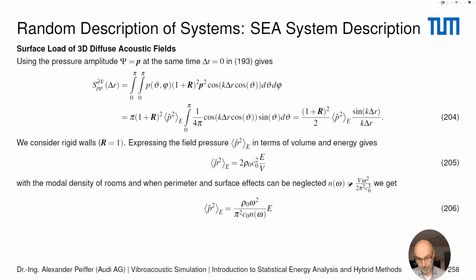And all the other parameters, like the surface and so on, in this modal density expression are there to consider the modification to a not that perfect diffuse sound field. So that's absolutely fine to stay with this one.